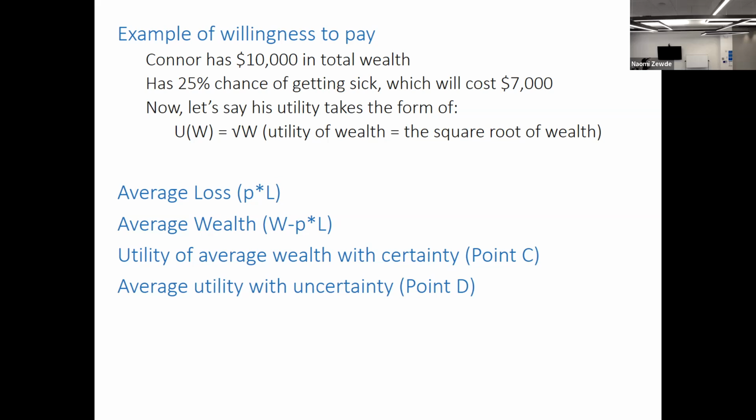Under that situation, their utility would be the square root of $3,000. Then they have another possibility, a 75% chance of losing nothing. In that situation, their utility would be the utility of $10,000, so the square root of 10,000.